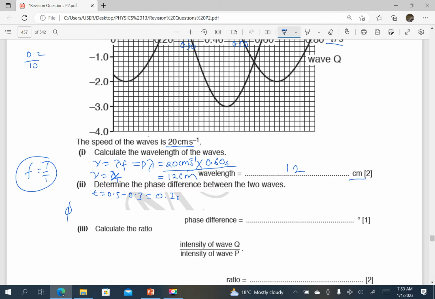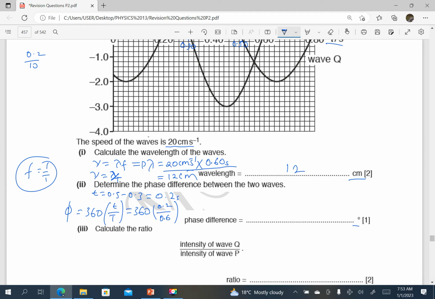So phase difference, they want the answer in degrees. Phase difference is going to be 360 degrees into time out of step over the period, which is going to be 360 into time out of step, which is 0.2, as compared to the period, which is 0.6. So I'll check my calculator. 0.2 divided by 0.6 times 360. That is 120 degrees.